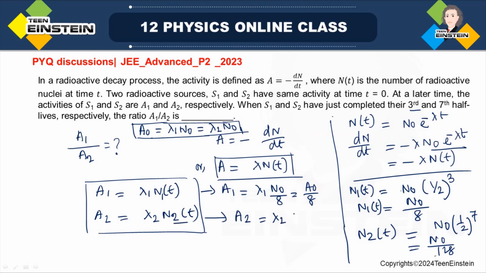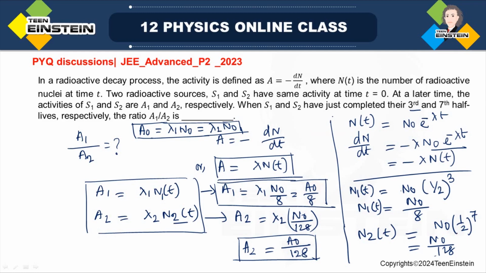We have written here N0 by 128, so this is again lambda 2 and N0, which I am writing as A0, the activity at time t equals 0. So this is A2. Now I have got A2 and A1.